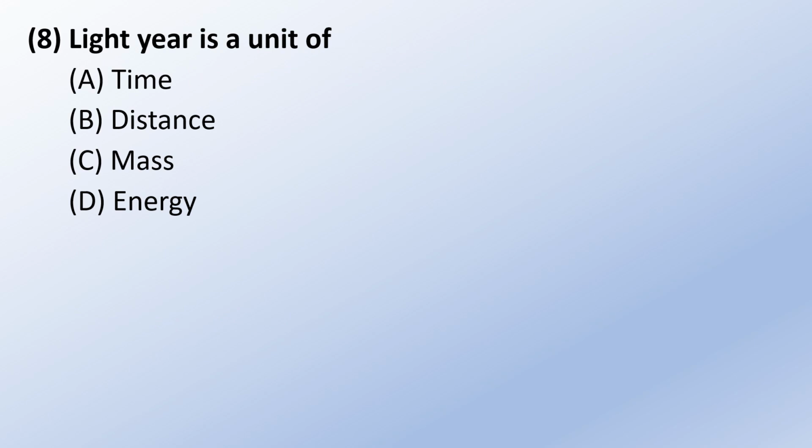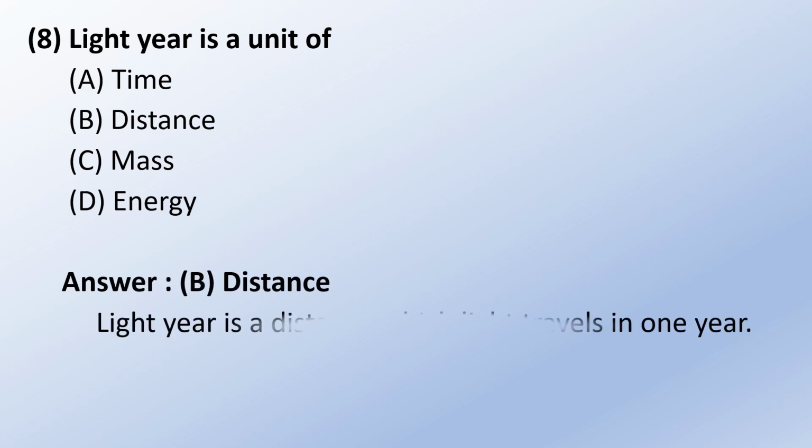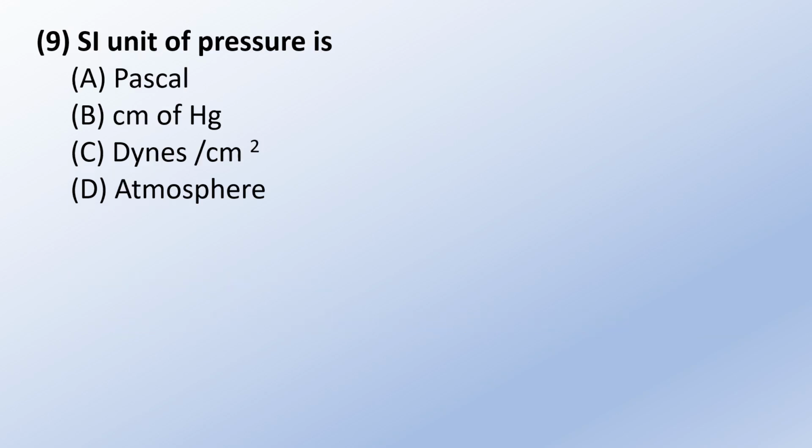Time. 8. Light year is a unit of: A. Time. B. Distance. C. Mass. D. Energy. Answer: B. Distance. That is, light year is a distance which light travels in 1 year. 9.